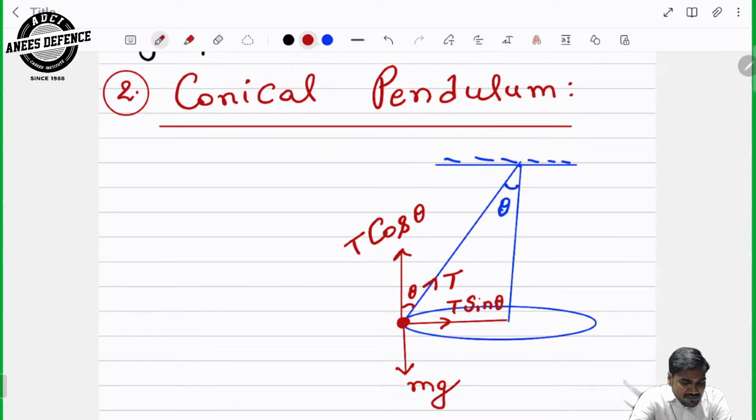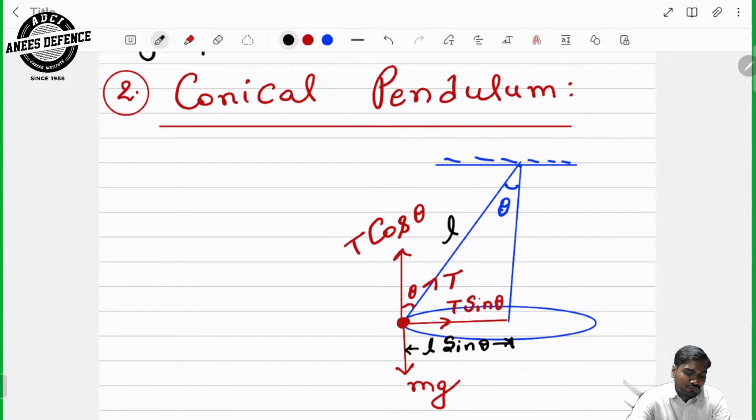Now, just consider the length of the pendulum is L. So the component of L along the vertical is L cos theta, and along the horizontal, the radius, is L sin theta.